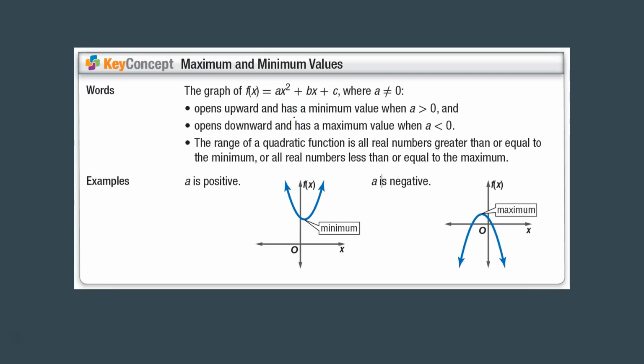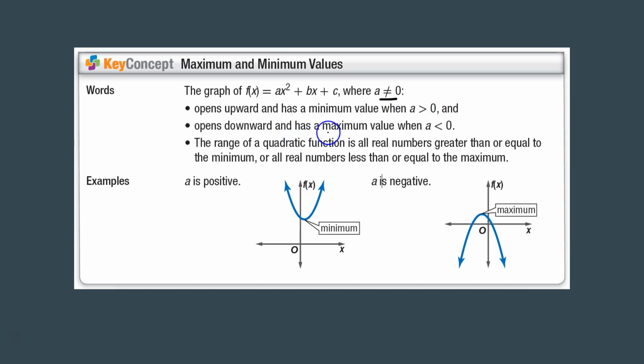Alright, let's also go to maximum and minimum values. So the graph of f of x is equal to ax squared plus bx plus c, and notice it says where a cannot equal 0. This is very important. So if it opens upward, it has a minimum value and a is greater than 0.